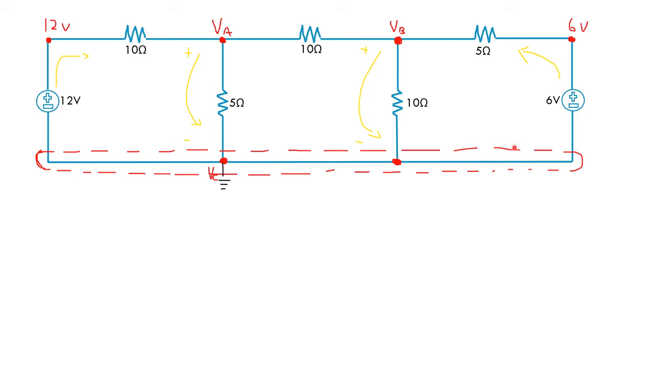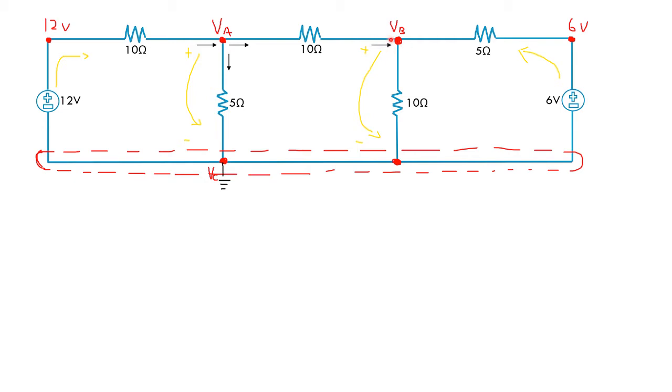Now I'm going to make arrow indicators showing where the current is going to flow. First, the current goes from here, 12 volt, to VA, and from VA we leave the node to 0 voltage, which is the reference node, and from VA it also goes through to VB.